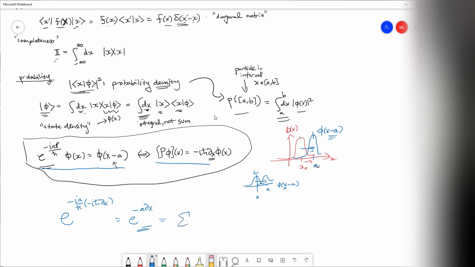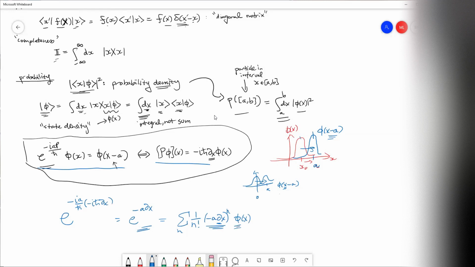It's the sum over n, 1 over n factorial, minus a partial x to the n. And so you'll get a Taylor series of the function. Higher powers of the derivatives: first derivative, second derivative, third derivative. If it's acting on a function, you'll get higher and higher derivatives of this guy.